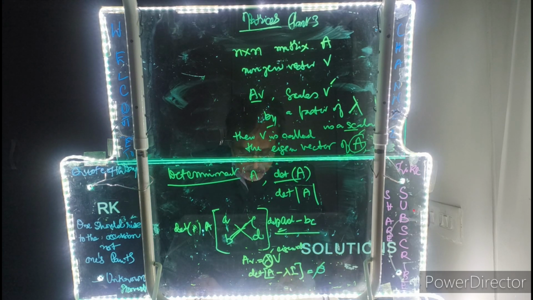That's one identity. The determinant of A minus lambda I, with I the identity matrix, should be 0. This is very, very useful in solving problems.